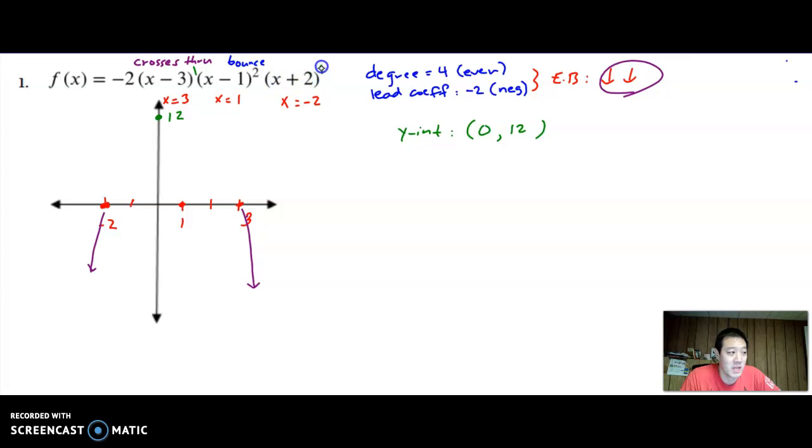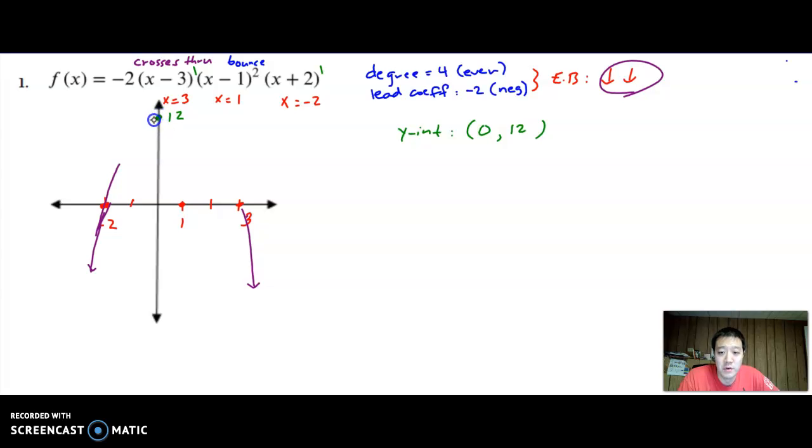This has an exponent of 1, so we know it's going to go straight through it. Not as a line, but I'm going to do my best to draw this, so I apologize in advance. So it's going to go up. Now I also know that eventually it has to come back down to this 1, because it has to hit this x-intercept. But I also know there is a y-intercept at 12.